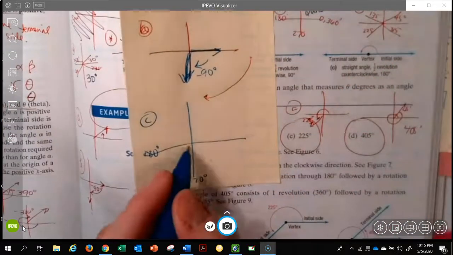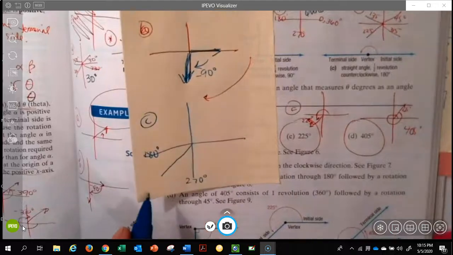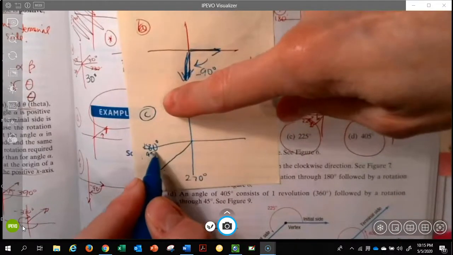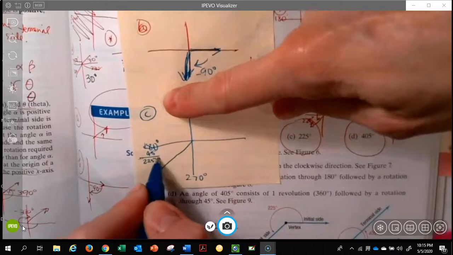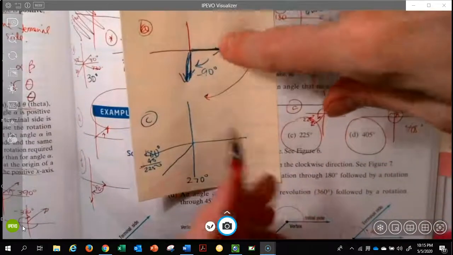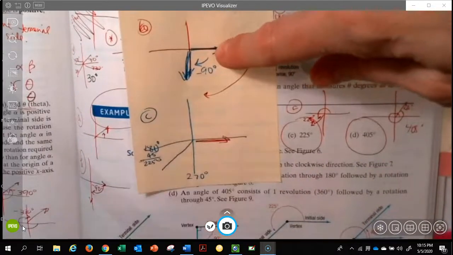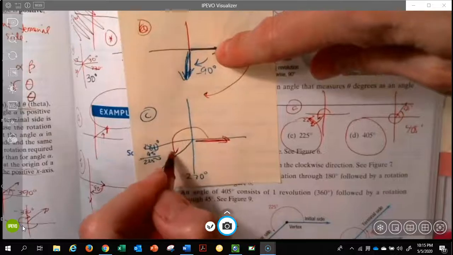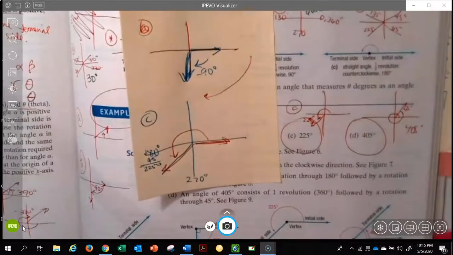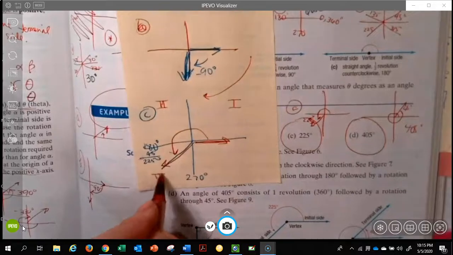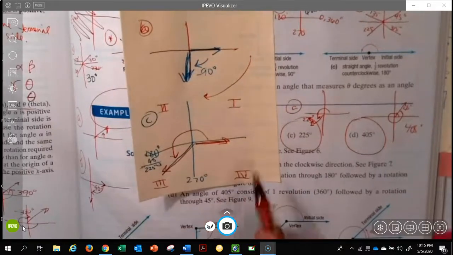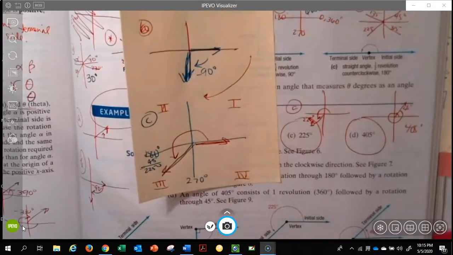Oh, and it's got that 5. I bet it's going to be related to a 45. Let me just try. If I added 45 to that, I'm getting that my 225 starts here and goes all the way around to the third quadrant. Bring that one back up for some good old math, because we're going to need to talk about our quadrants.